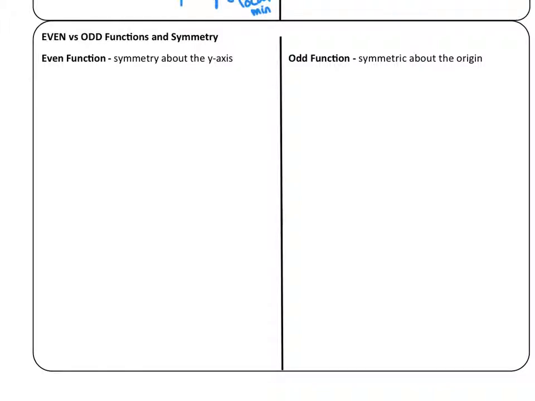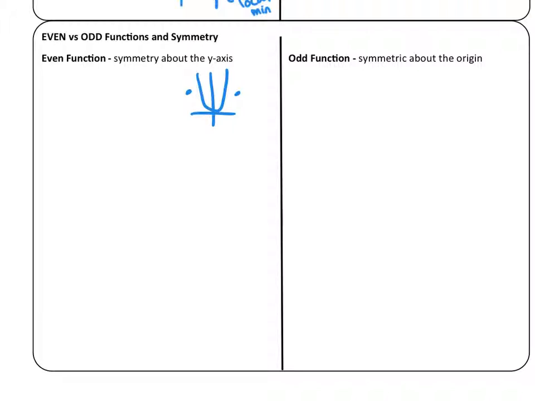Okay, so an even function has symmetry about the y-axis, which you would have seen with parabolas, where this side over here is the same as this side. You can basically fold it in half along that y-axis and get the same thing.